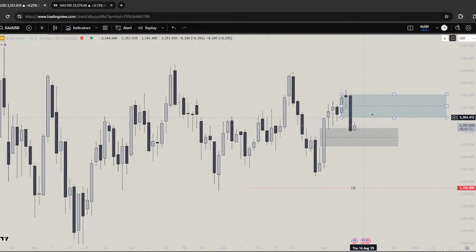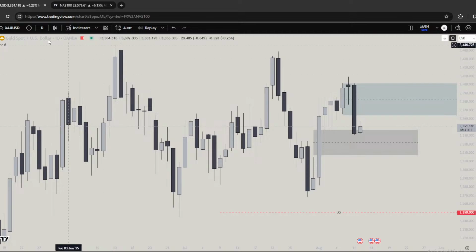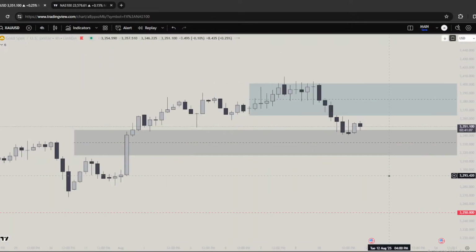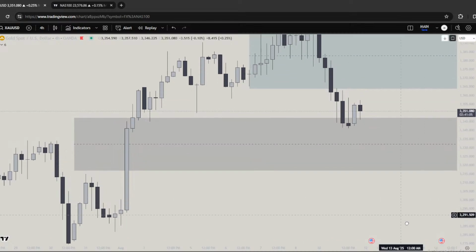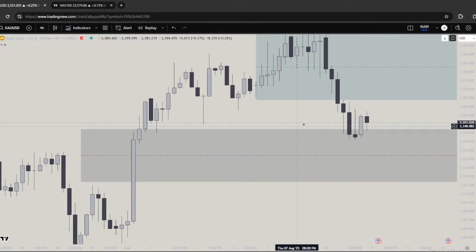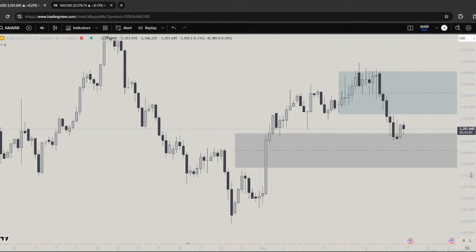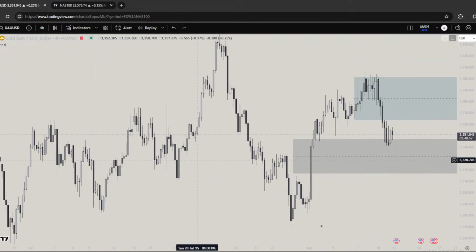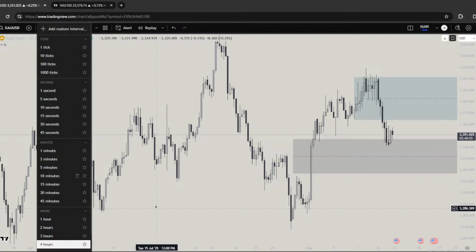So even if we get a little pullback, if we close under this, what time frame am I looking at? I'm looking at this 4 hour. If we can close back under this 350, I think that is out of there. That going down, I still think it pulled back lower.